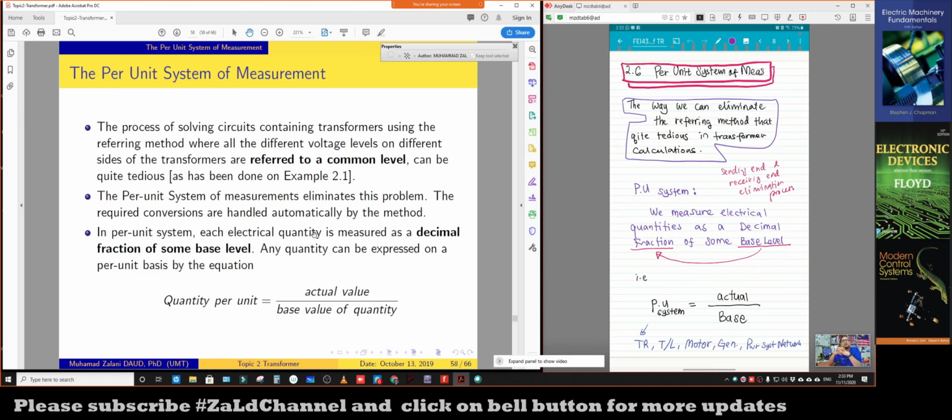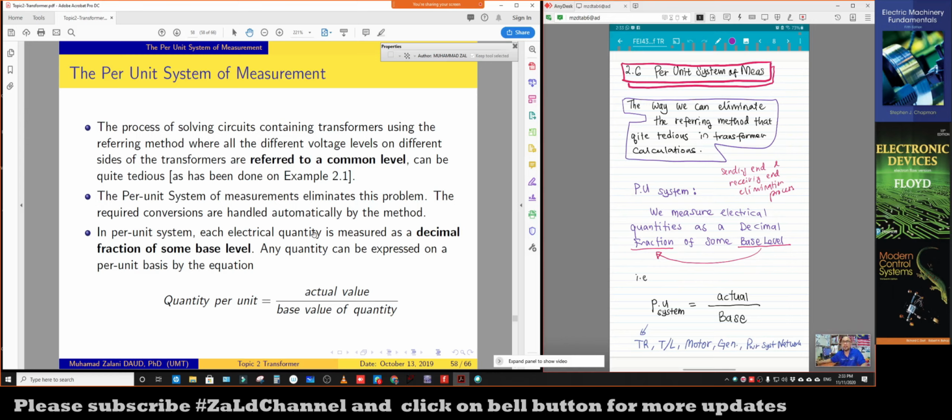If you are referring to our reference book, which is Wildi, Electrical Machines, Drives and Power Systems, that I have shared with you in eLearn, there is a specific topic that discusses the per unit system.